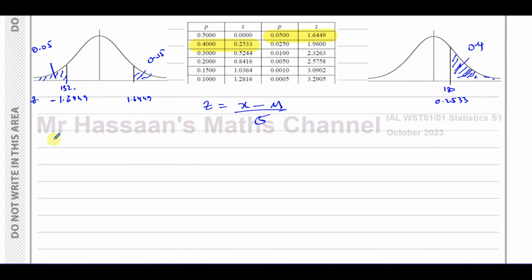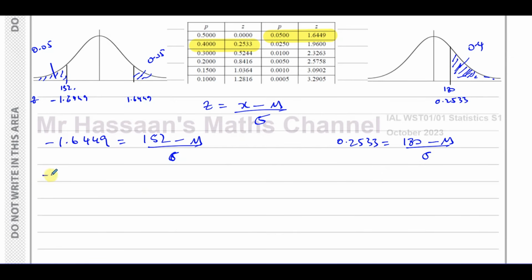So here the Z value is negative 1.6449, and that's equal to the actual value 152 minus the mean over the standard deviation, which these two are unknown. And here we have 0.2533 is equal to 180, the actual score, minus the mean over the standard deviation. And the mean and standard deviation are the same in both cases.